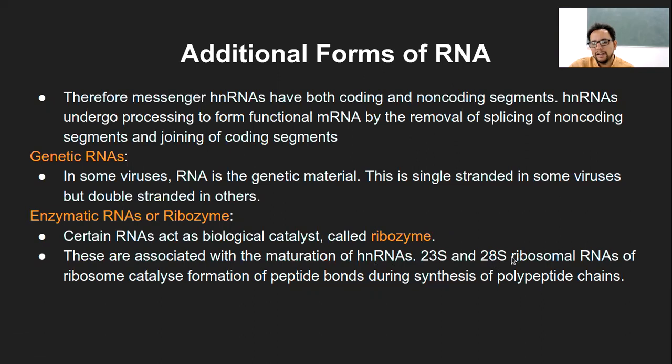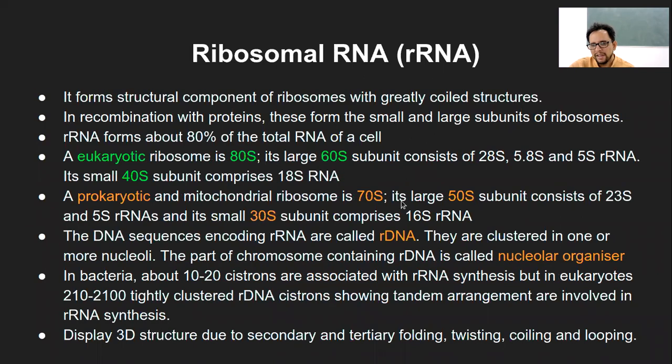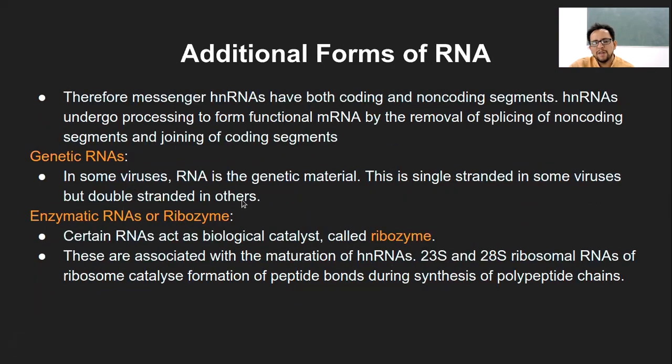The 23S and 28S ribosomal RNAs of the ribosome catalyze the peptide bond formation during synthesis of the polypeptide chain. We had seen these two, 23S and 28S, as part of the ribosome. Here is 23S, right? And where is this other one? Here, 28S. So these rRNAs are specific to this ribozyme type because they are involved in the catalytic reaction of protein synthesis.